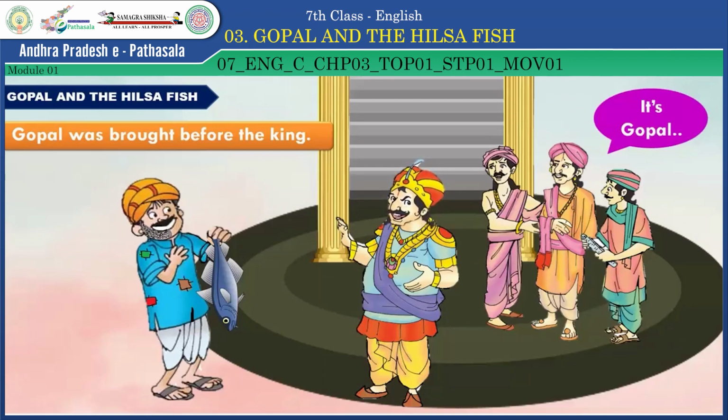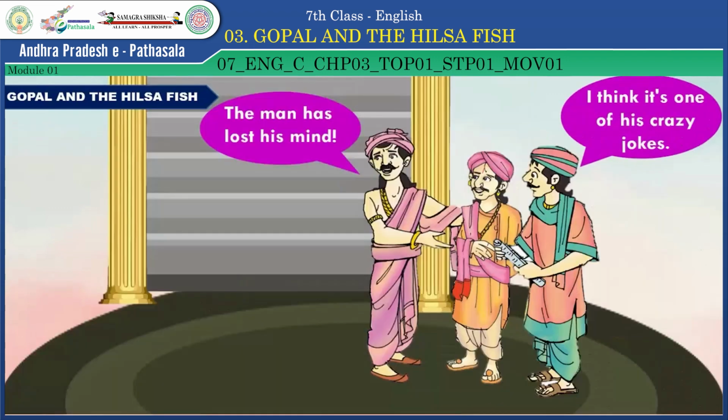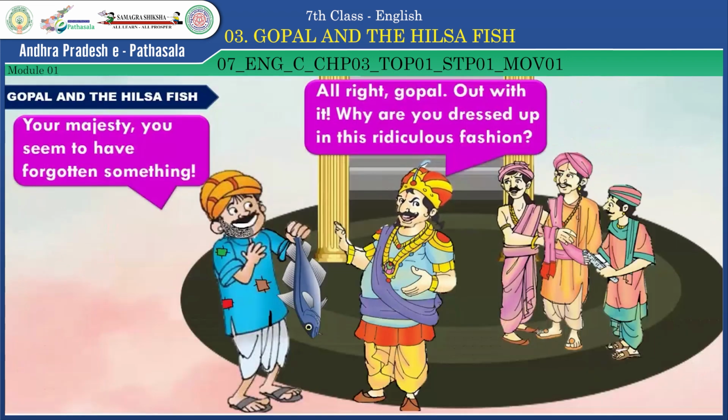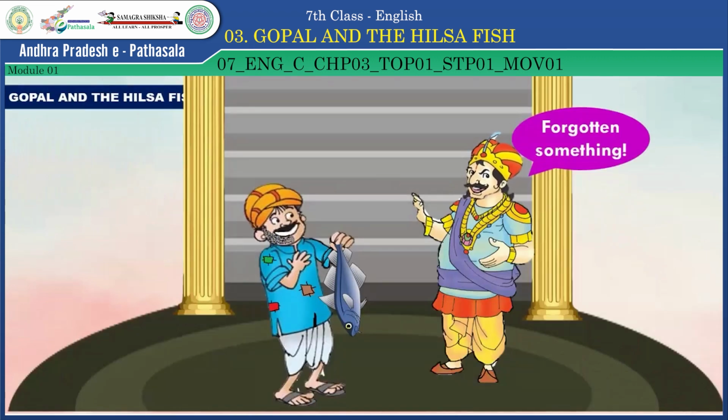"It's Gopal." "The man has lost his mind. I think it is one of his crazy jokes." "All right, Gopal, out with it. Why are you dressed up in this ridiculous fashion?" "Your Majesty, you seem to have forgotten something." "Forgotten something?"